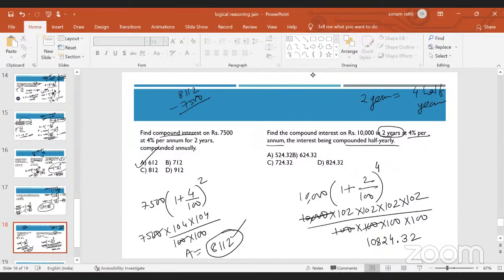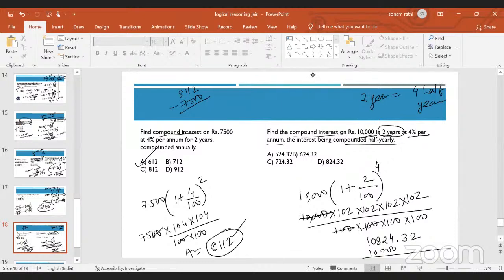Okay, and now they are asking you interest. So this minus this. So 824.32, option D. Yes or no? Correct? Okay.